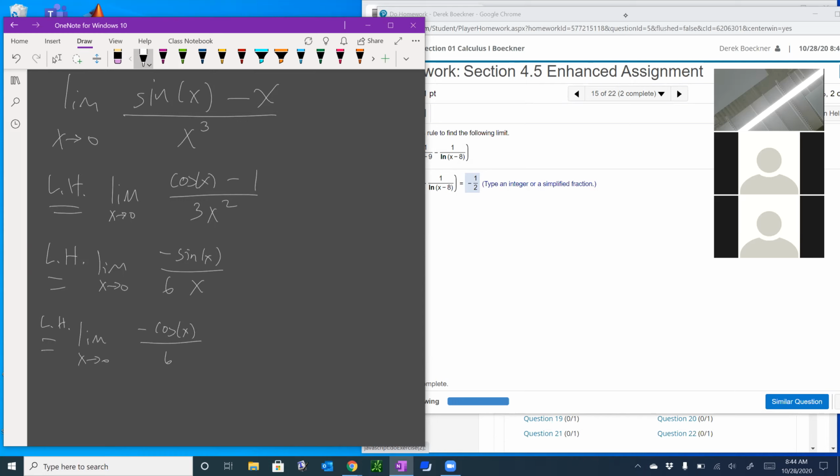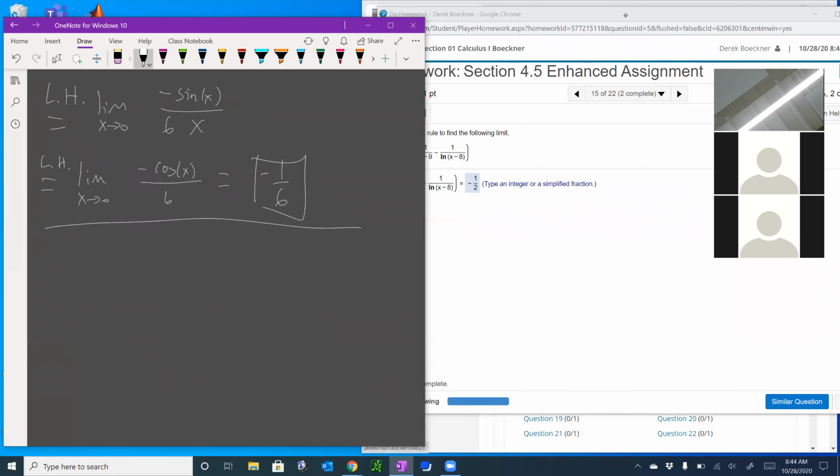As x goes to 0, cosine goes to 1, so this is minus 1 over 6. About this?